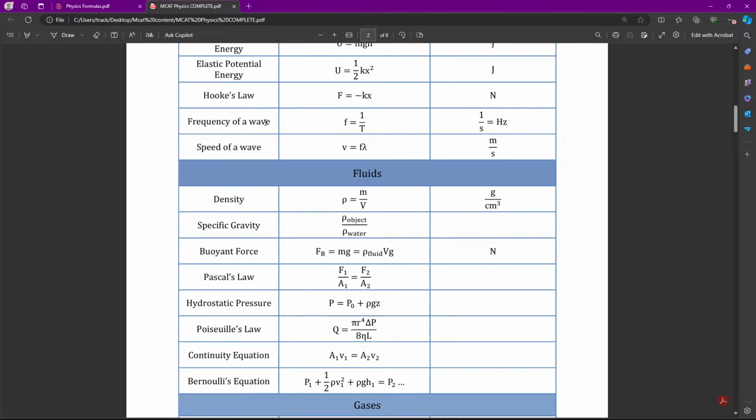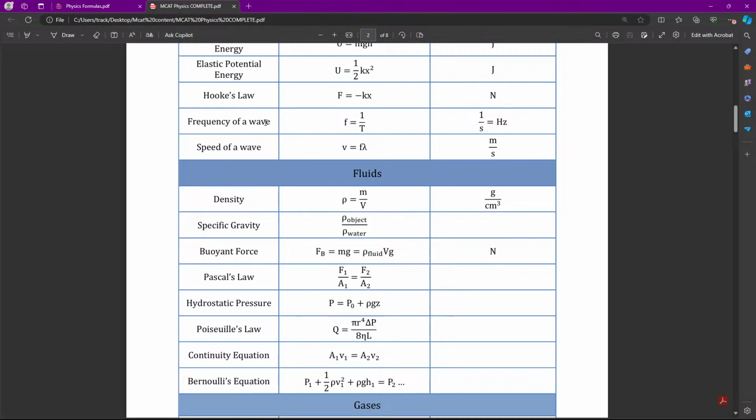Pascal's law is F1 over area 1 is equal to F2 over area 2. Hydrostatic is P is equal to P naught plus density times gravity times depth. So that's talking about how every 10 meters you go down, it increases in pressure. Poiseuille's law, pi r to the fourth times the change in pressure divided by 8 times viscosity times length.